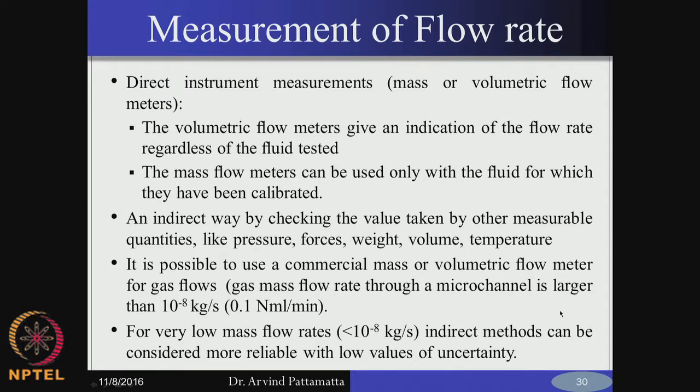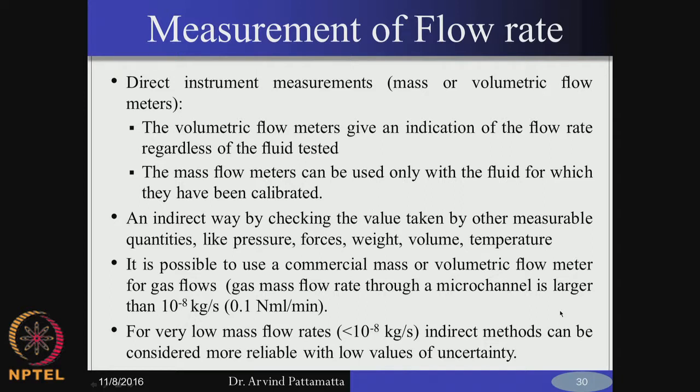There are indirect methods to check the mass flow rate. What is commonly done is you sometimes weigh. You collect the flow in a small beaker over a period of time, check the difference in weight, and then you know how much volume is actually flowing.